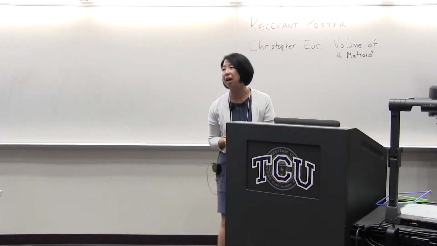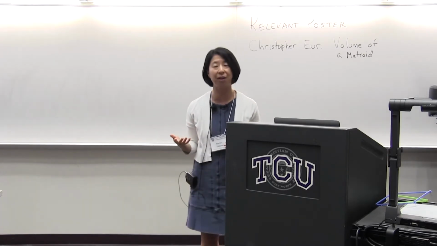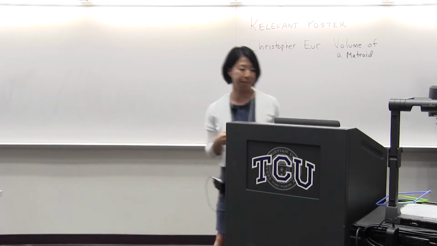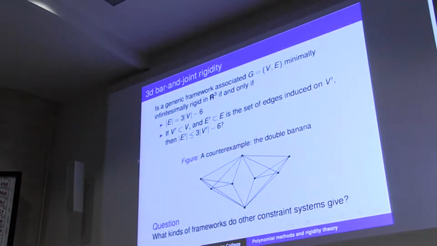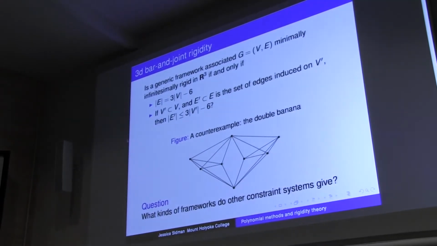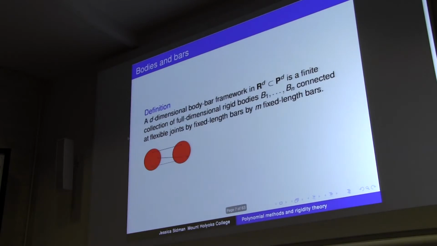And so what I want to do now, though, is turn and talk about some other flavors of combinatorial rigidity theory where there have been great successes. And the first one is one that David already talked about briefly in his lecture. This is body and bar rigidity theory. So I'm thinking really about what other kinds of frameworks arise from constraint systems.